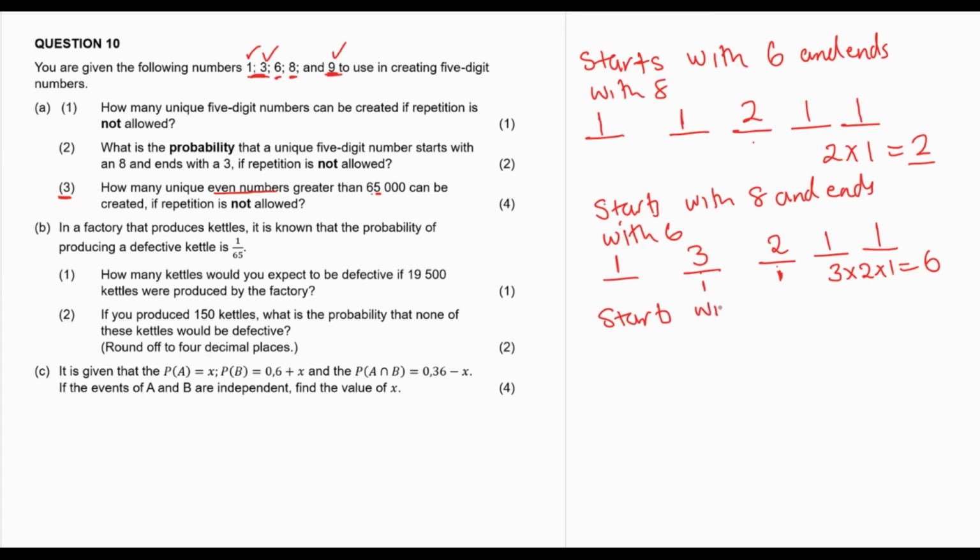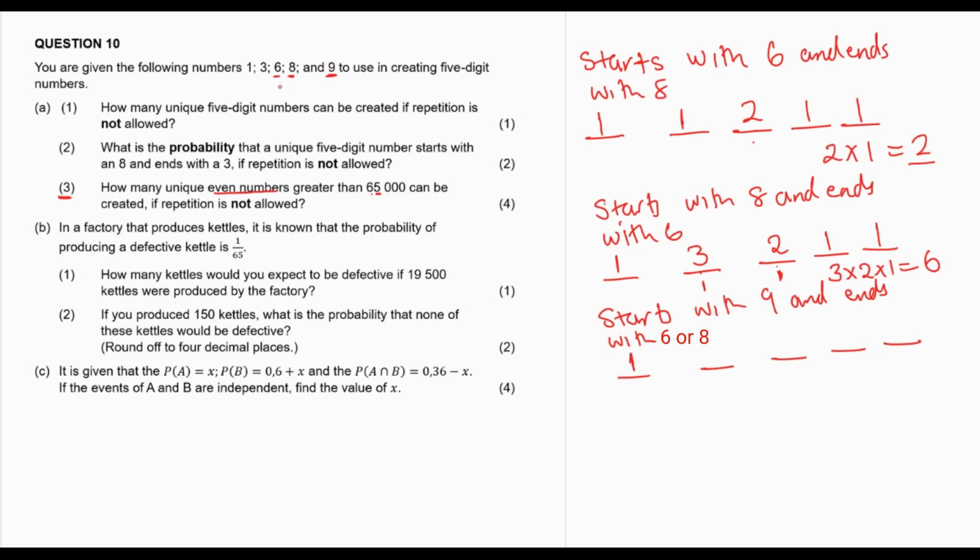Starts with 9 and ends with what? If it starts with 9, then it can end with a 6 or with an 8. So we have our 5 slots, 1, 2, 3, 4, 5. It starts with 9, we only have one choice there.